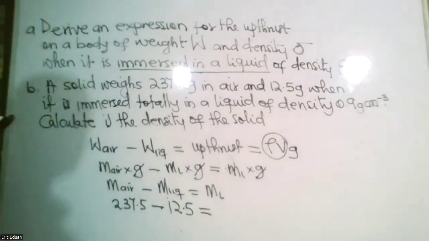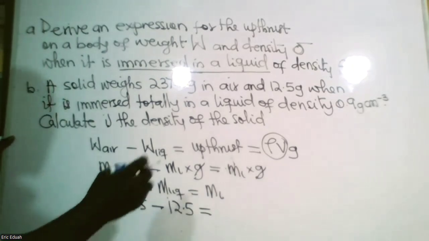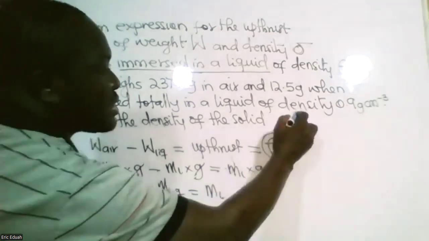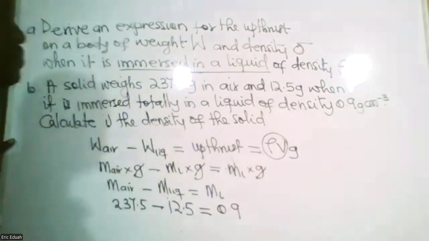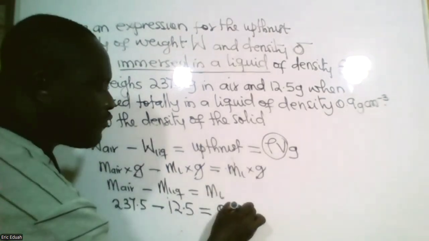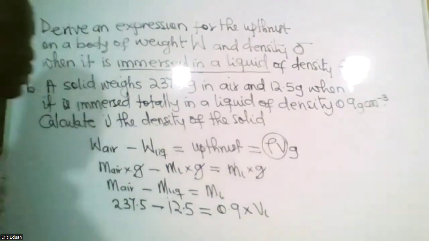This is equal to mass of the liquid displaced, equal to the density of the liquid, which is 0.9, times volume of the liquid displaced, which we don't know.